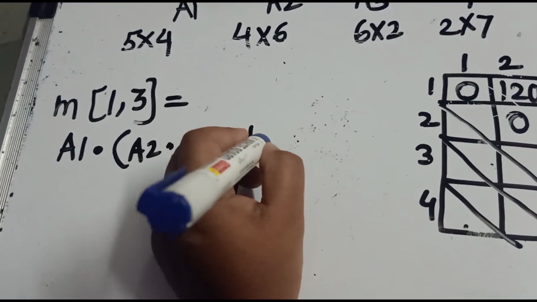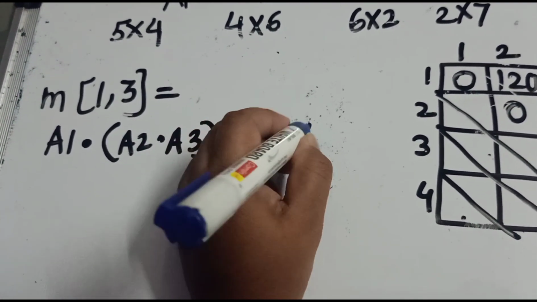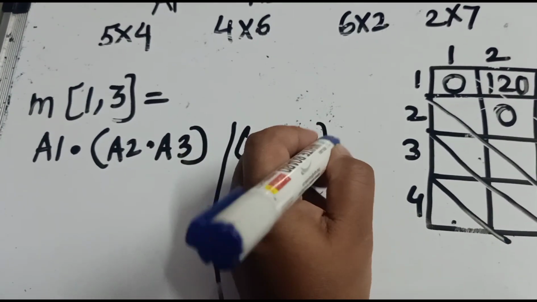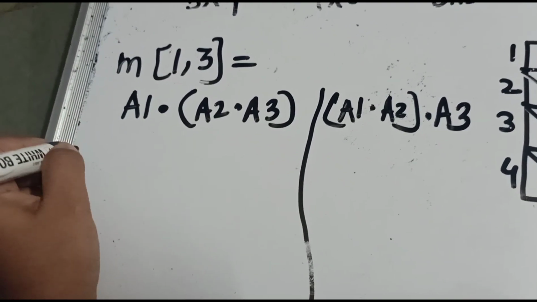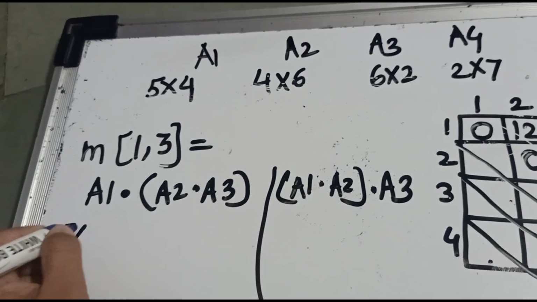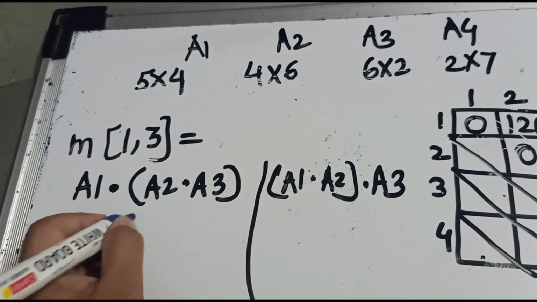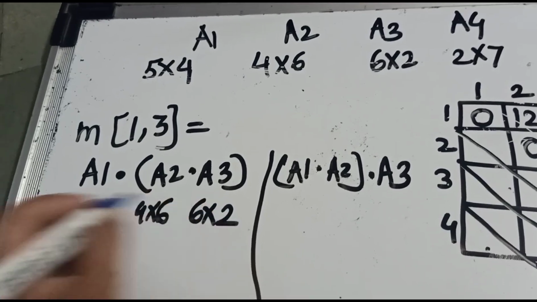Or the second possibility can be, we multiply A1 into A2, and that result we multiply with A3. The dimensions are: A1 is 5 by 4, A2 is 4 by 6, and A3 is 6 by 2.